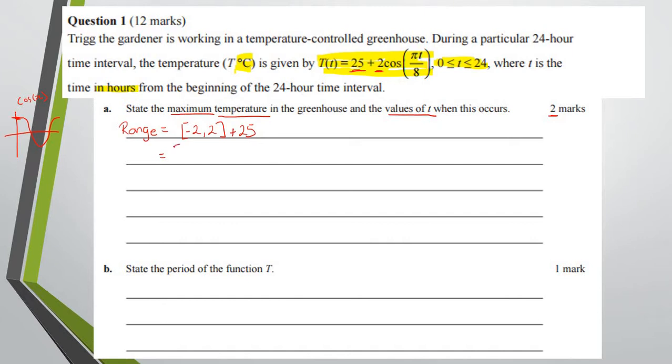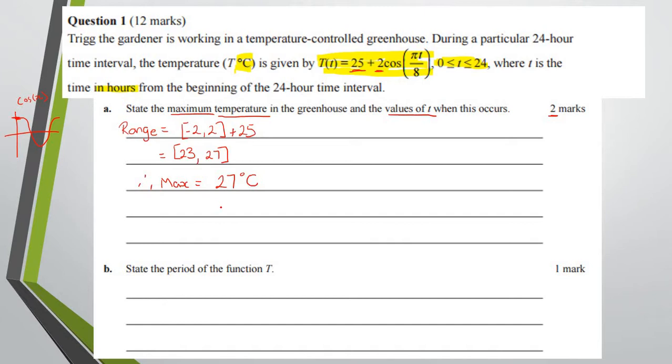If I was adding on 25, I would then see that the range is going from 23 to 27. Therefore we know our max temperature is equal to 27. Now it is very important that you put the units, so we do need to make sure that our units are given. It happens at 27 degrees Celsius.